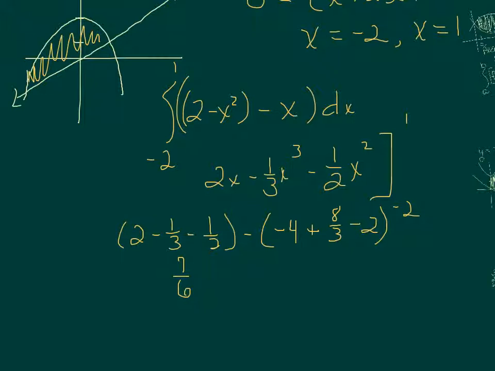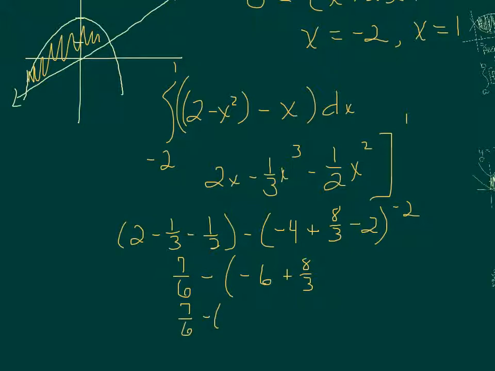Then the other part: -6 plus 8/3, 18/3 plus 8/3 is negative 10/3.